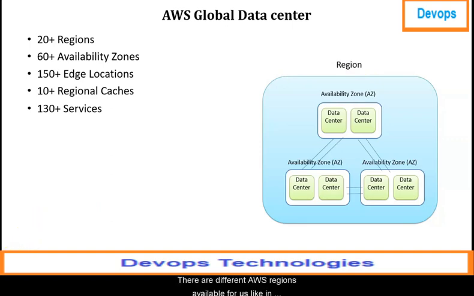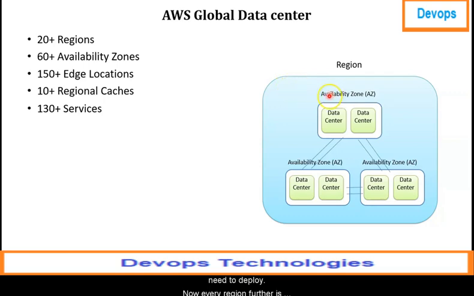There are different AWS regions available for us. Like in US, there are 7 regions. In India, there is only one region. In Europe, there are a couple of regions. In all, more than 20 regions are available. When you deploy services, we can choose which region we need to deploy.